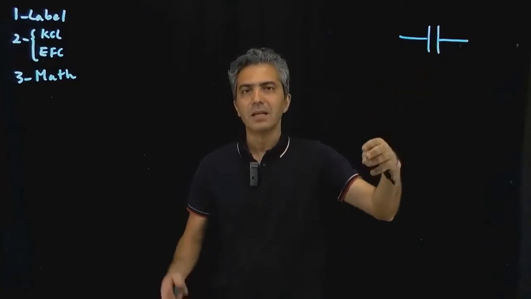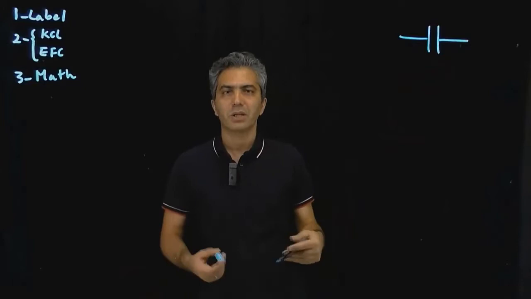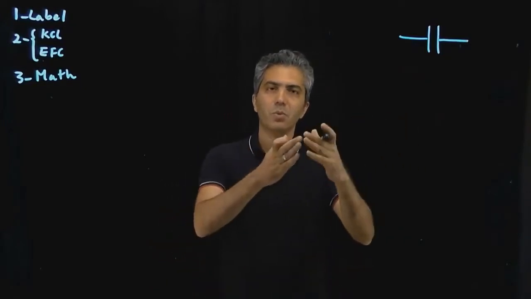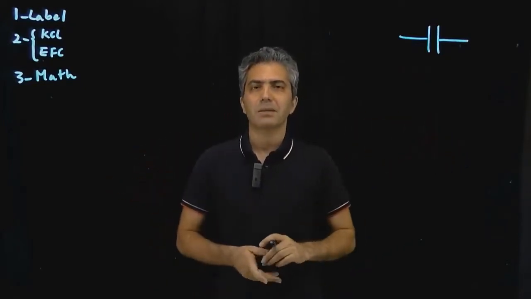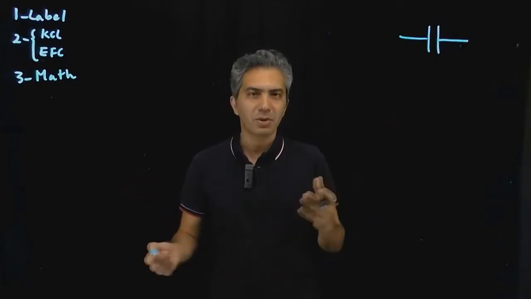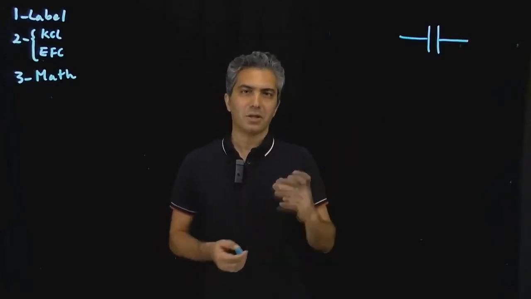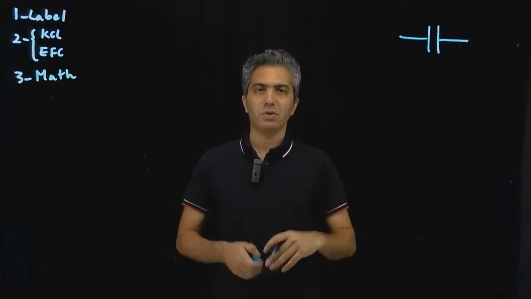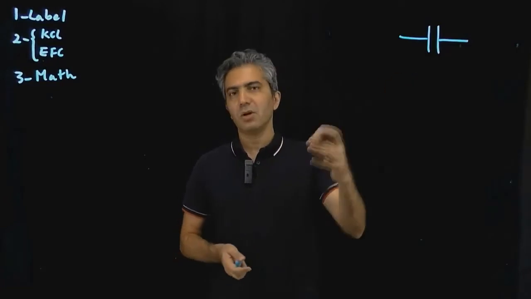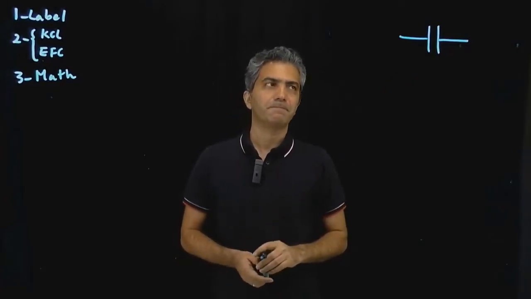Like between any two conductors in the world, you can define a capacitance. Now, when you move them away from each other, the capacitance becomes so small that it is negligible, and most of the time, we don't even need to consider that there is such a capacitance between those two conductors. But generally speaking, between any two conductors in the world, you can define a capacitance.